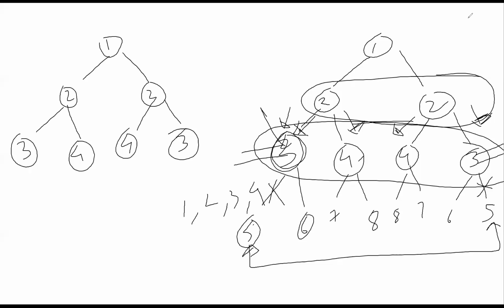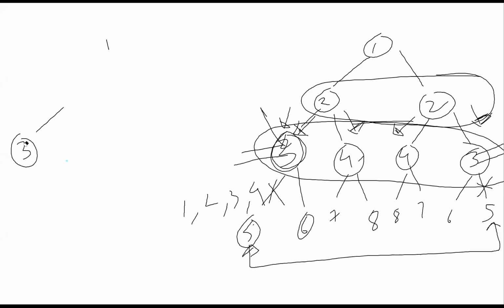If we traverse the tree on the left side in pre-order, it'd be 1, 2, 3. And on the right side, we do reverse pre-order, and then we can compare them. In this case, I do it recursively.